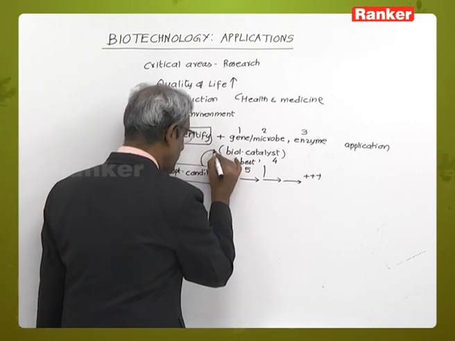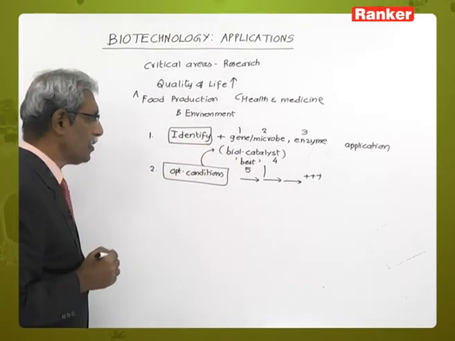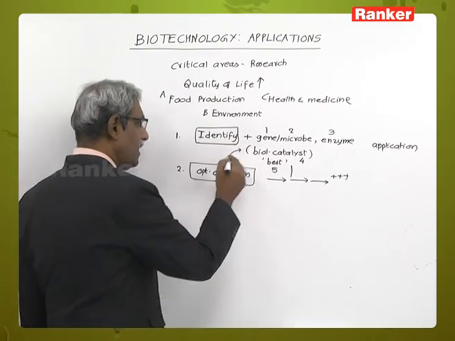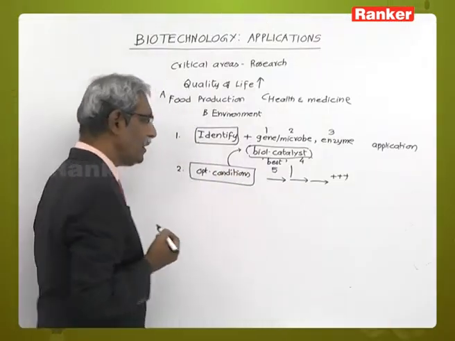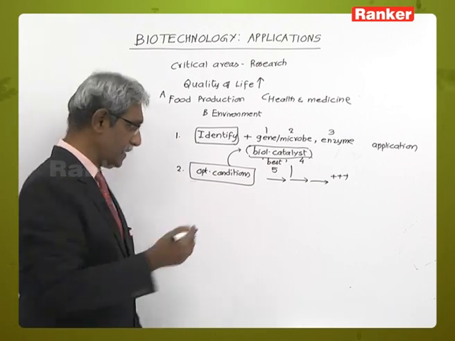What are the optimum conditions which you should provide to the catalyst? So, identifying the biological catalyst is one aspect, then providing the optimum conditions for the particular catalyst is the second option.